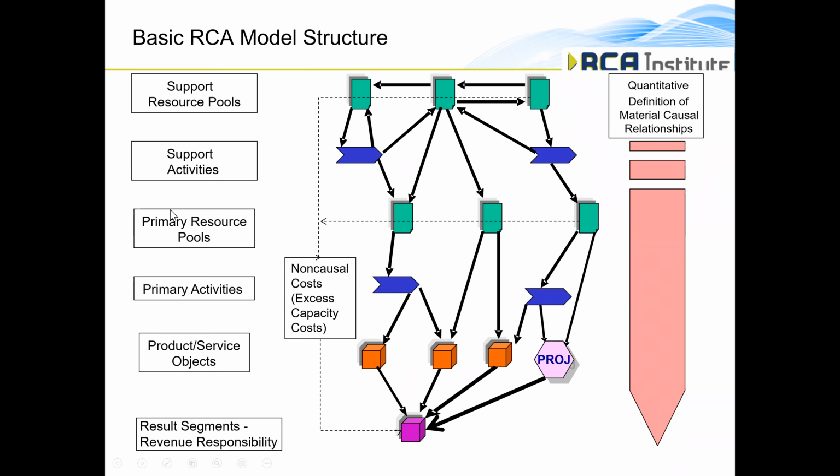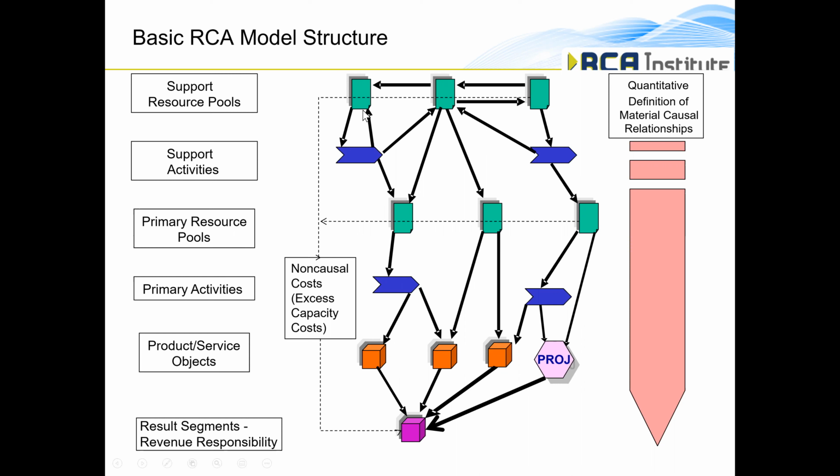And we have what you might think of as primary resource pools. Those are the resource pools that work more or less directly on the final products or services. And we have what you might think of as support resource pools that provide support both to each other and to the primary resource pools.